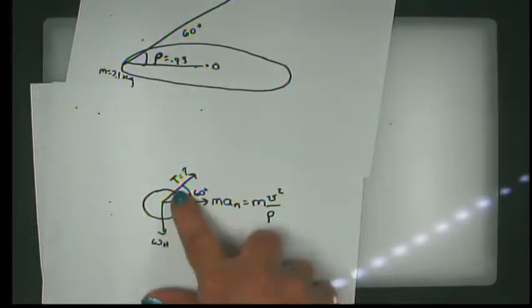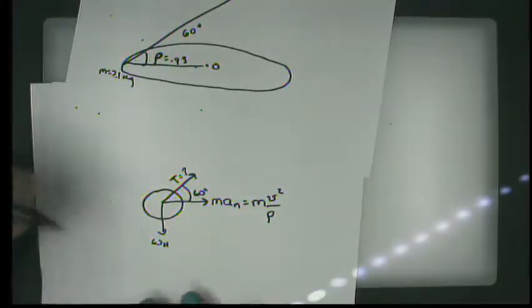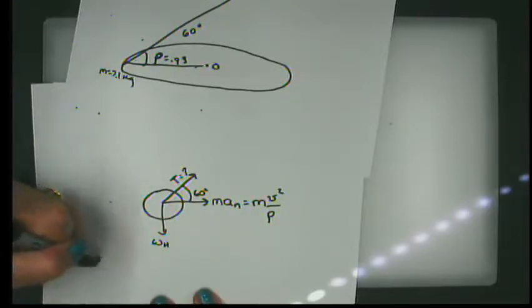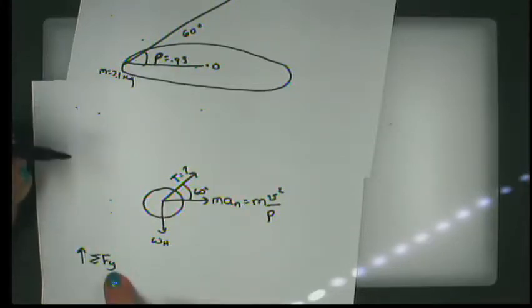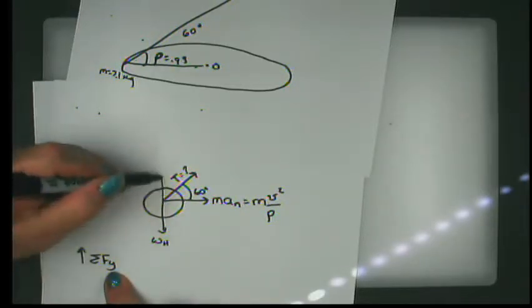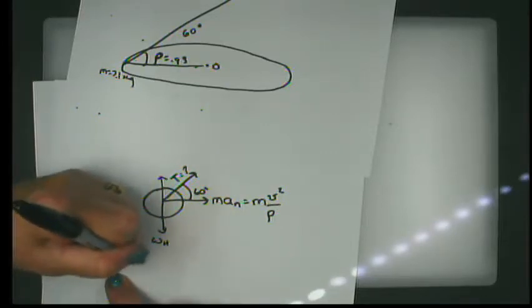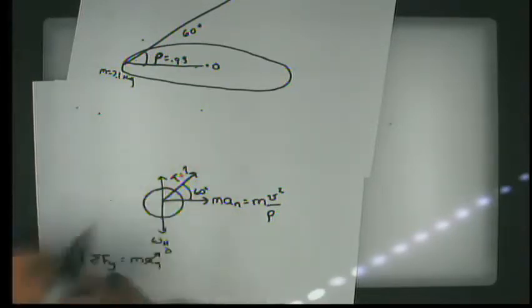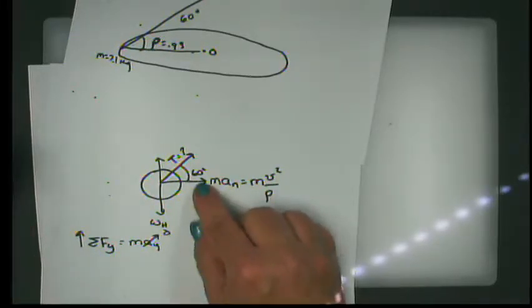Now, the tension is not directed along that. And since this is a vector solution, we're going to have to do some funky thing with our coordinate system. So if we look at the summation of forces in the y direction, since it's a horizontal circle, there's no acceleration in the y direction. So if we consider that, what's the component of tension in the y direction?